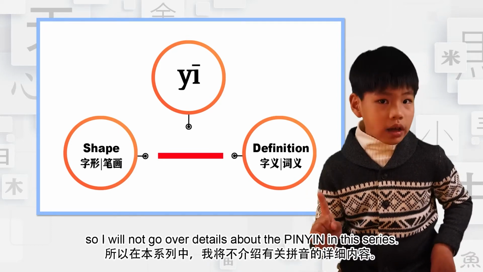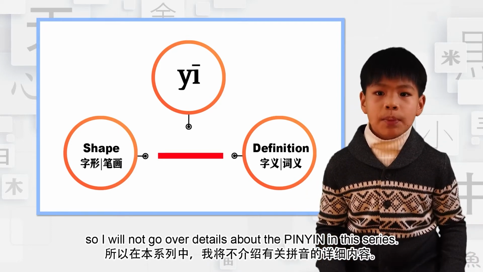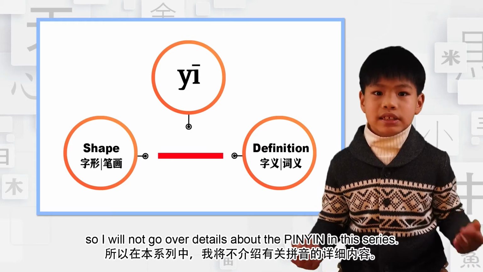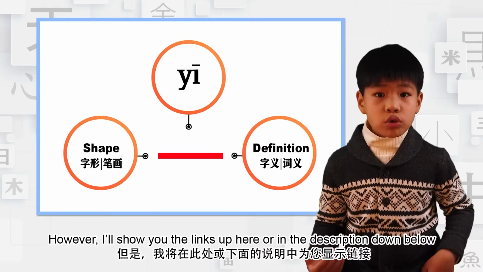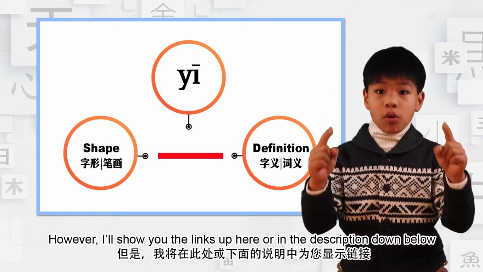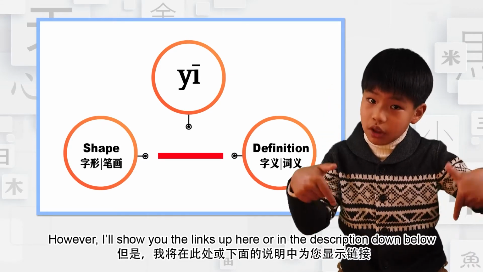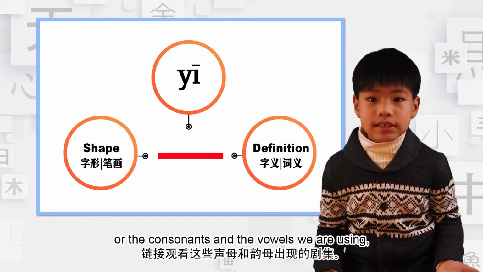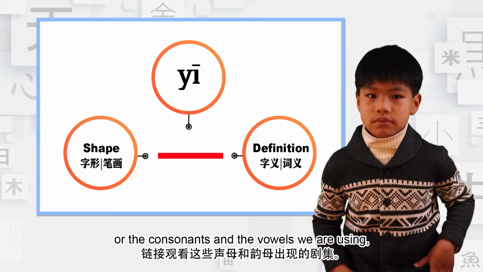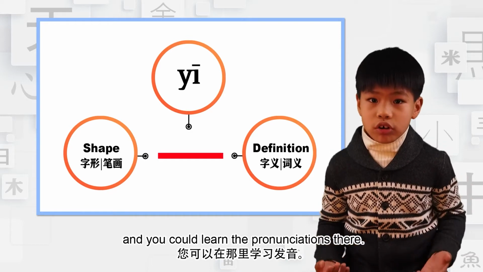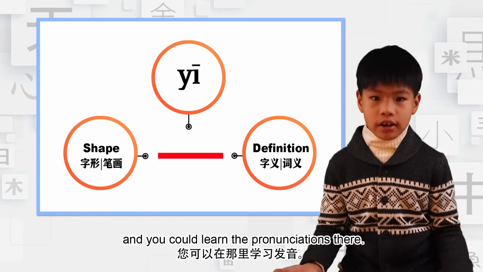So I will not go over details about the pinyin in this series. However, I'll show you the links up here or in the description down below for the consonants and the vowels we are using. And you could learn the pronunciations there.